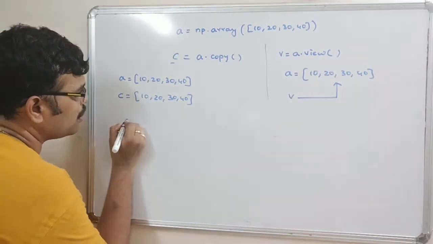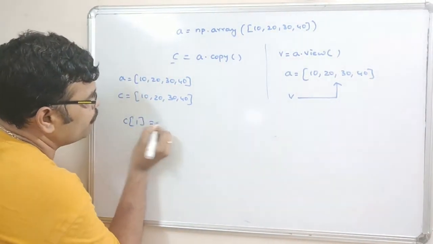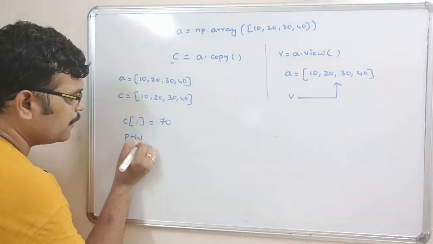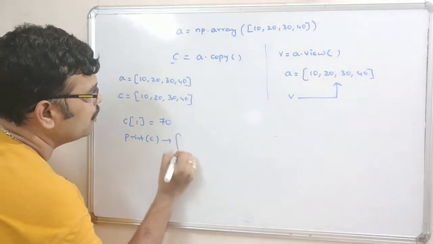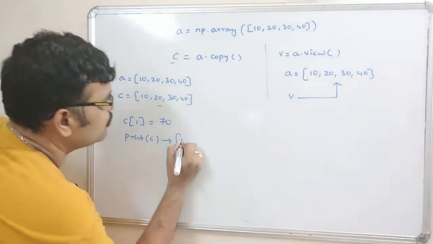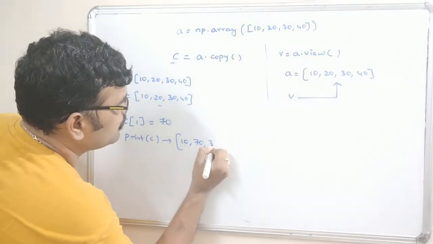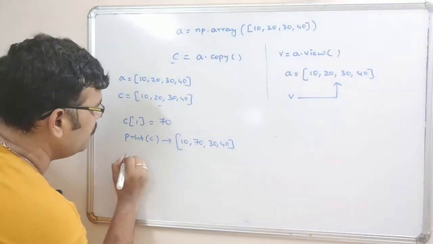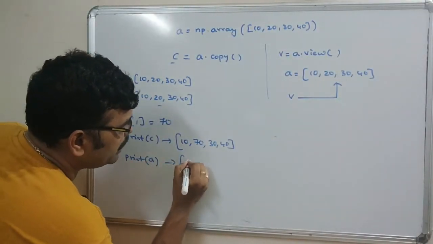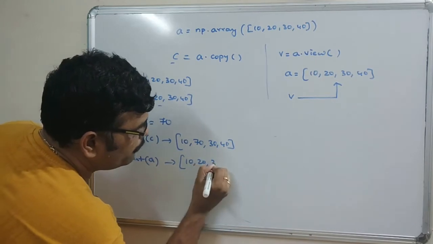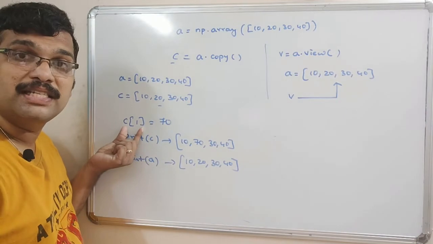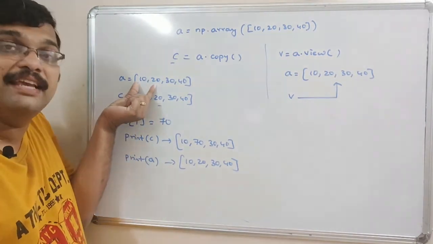So if you modify c of 1 is equal to 70, then if you print c, you will get 10, 70, 30 and 40 printed, the first index element modified. And if you print the A value, it will be the same. So there will be no reflection on A. Even though you are modifying the elements in c, it will not reflect on A, right?